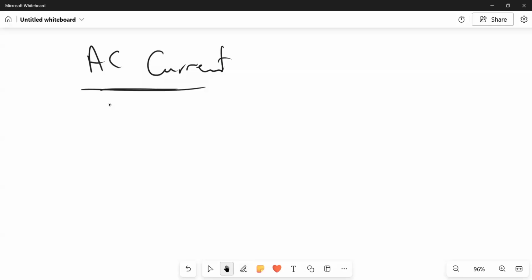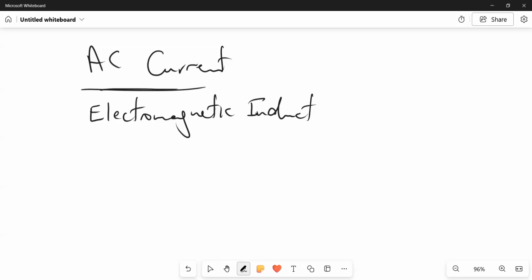And in the notes, I'm not going to get into the deep physics behind it, right? But usually AC current is generated by a process called electromagnetic induction, right? Electromagnetic induction.